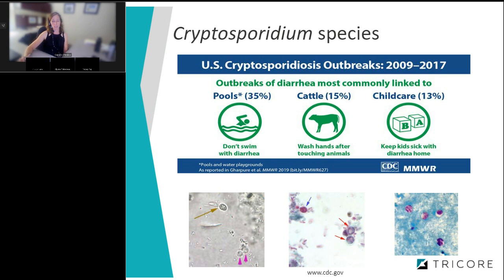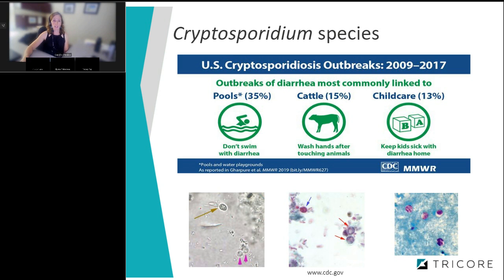And actually for 2 weeks after diarrhea resolves, it's a good idea not to get into these public areas because it's very easy to pollute both pools and water parks with Cryptosporidium. Some outbreaks also come from cattle, in contact with cattle, or drinking of milk.